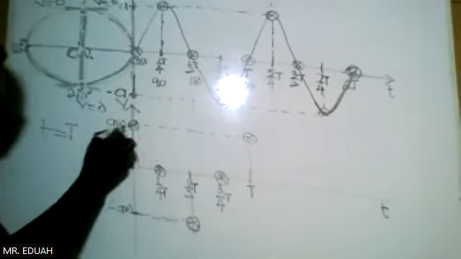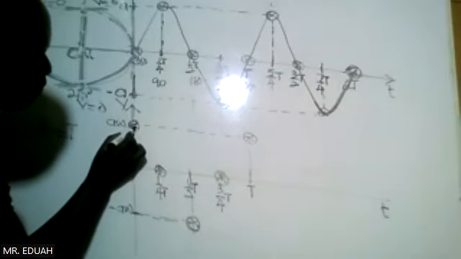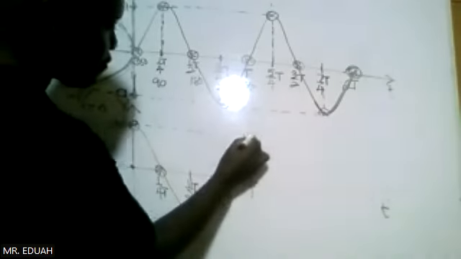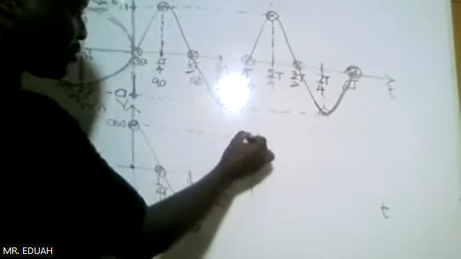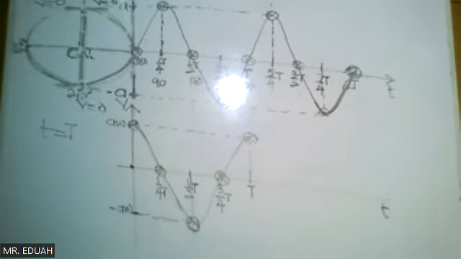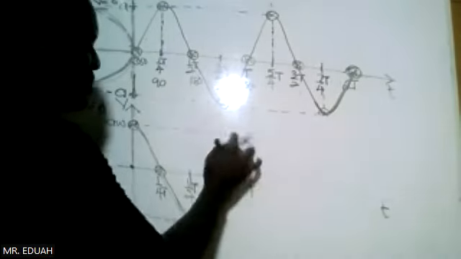So when you join, this is what you have for one cycle. This is the velocity function of a body doing simple harmonic motion over one cycle.